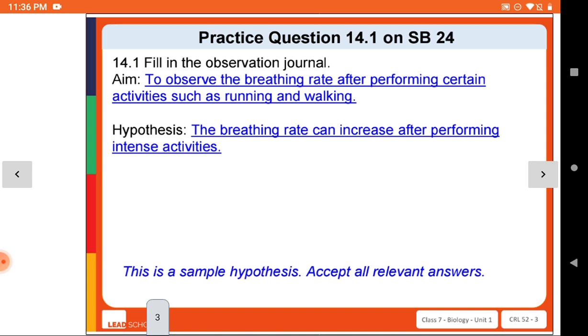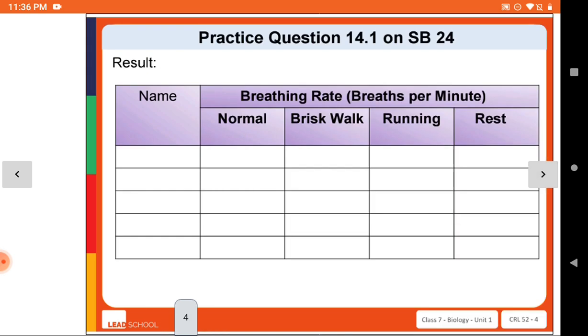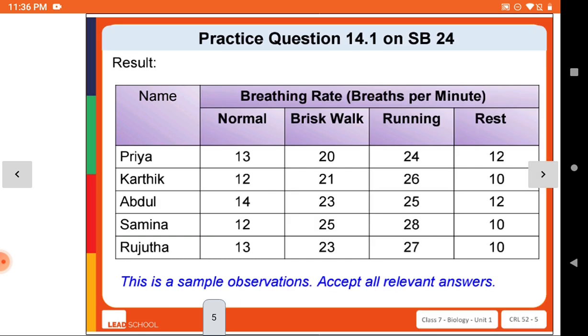So we have to do an experiment related to this. First, make a table like this and do the experiment with your siblings, brother, sister, or your parents. Decide on two or three names.